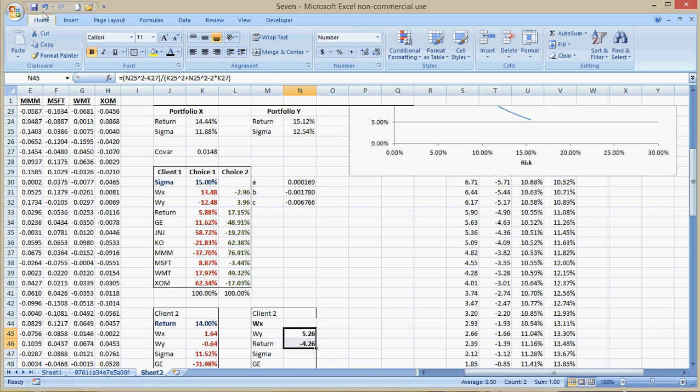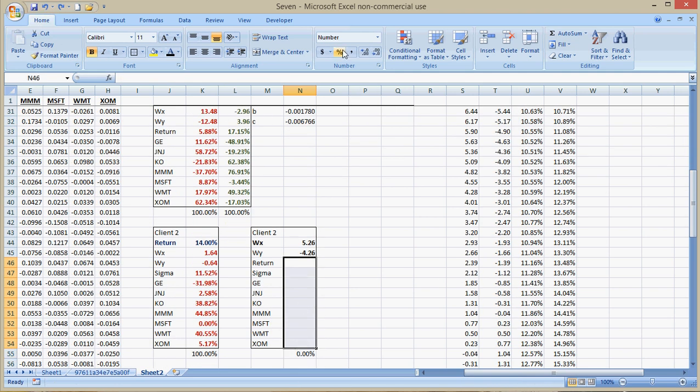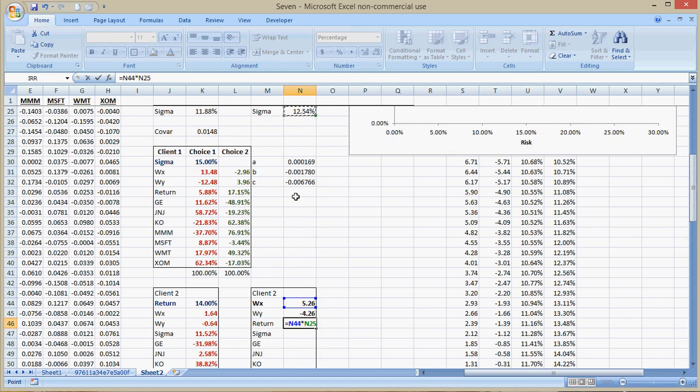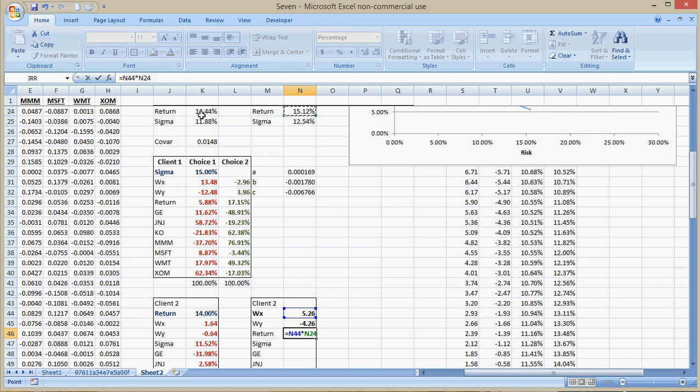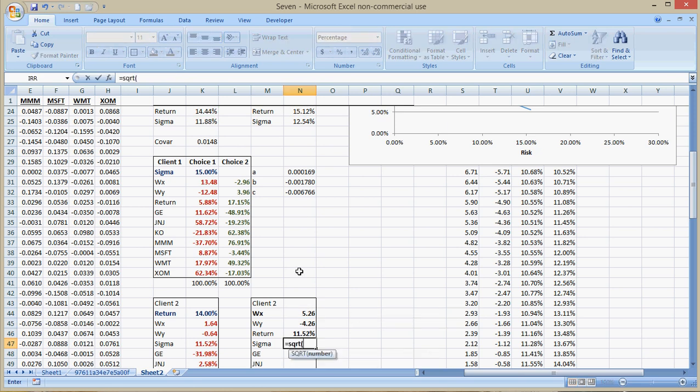Oops, didn't want to do that. I will do all of these in percents. So just to make sure they're in percent. So the return is equal to the weight of X times the return of X plus the weight in Y times the return on Y. The volatility is equal to the square root of the weight of X squared times sigma X squared plus, you should get this formula by now, right?